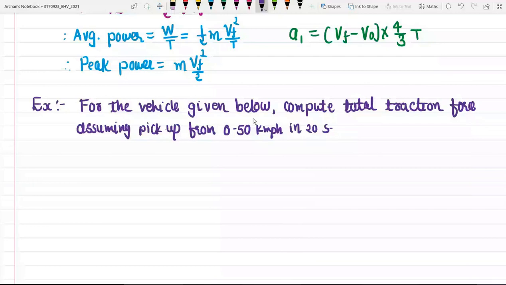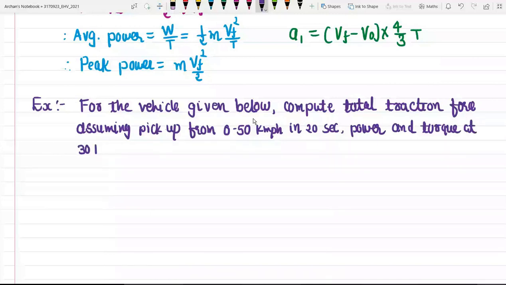Then you need to calculate power as well as torque at three different values: 30 kilometer per hour, 50 kilometer per hour, and 80 kilometer per hour.